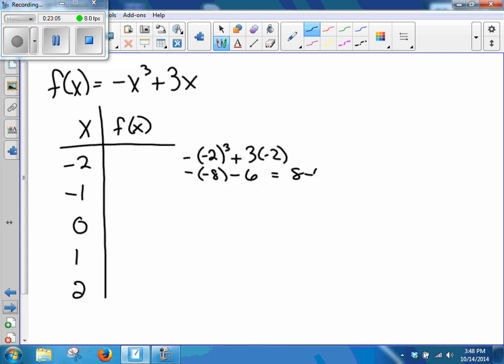So this becomes 8 minus 6, so we get 2. Keep going and plug those numbers in, and then make sure you match up with these numbers here. I'll give you guys a little bit of time to get that too.